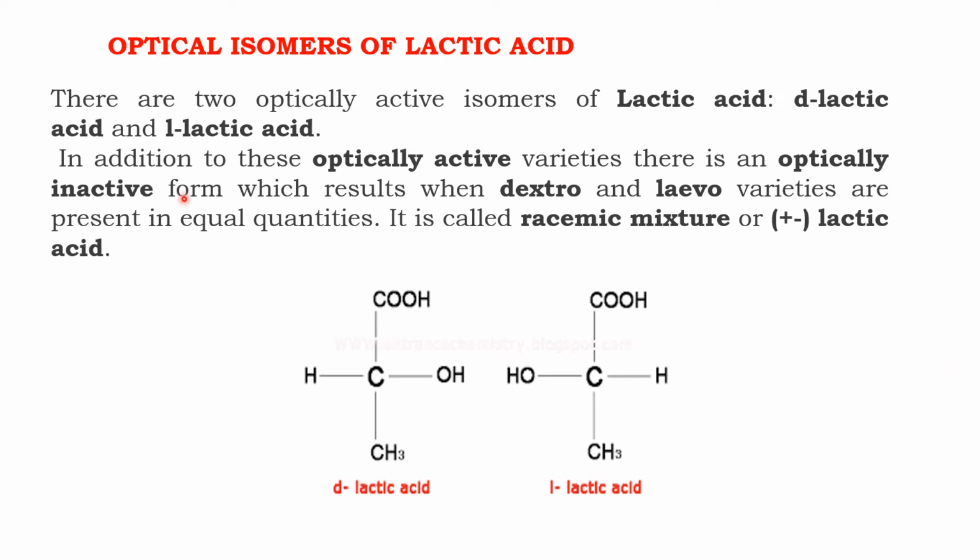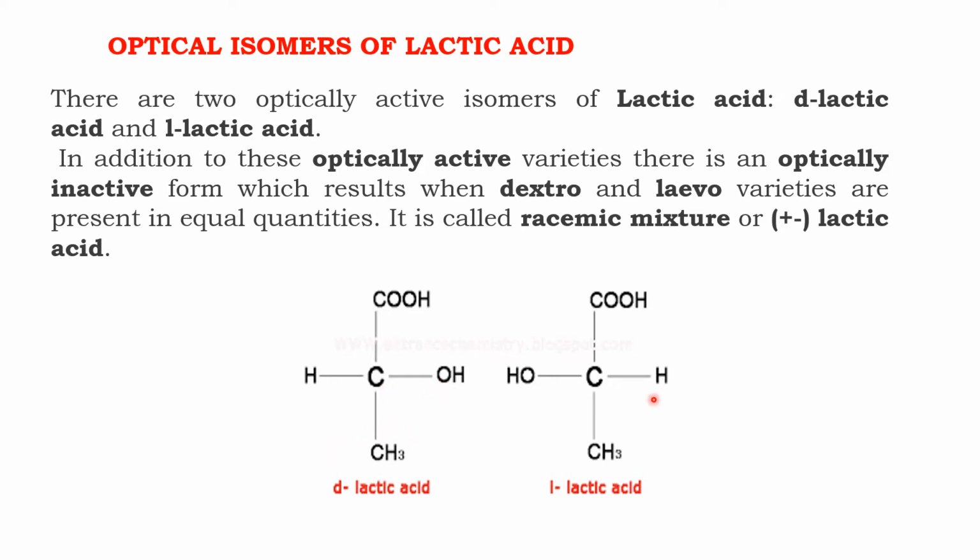Now see here, the optical isomers of lactic acid. This is lactic acid. Lactic acid has one asymmetric carbon atom. See, this is the asymmetric carbon atom in which one group is COOH, one is H, one is OH and another is CH3.